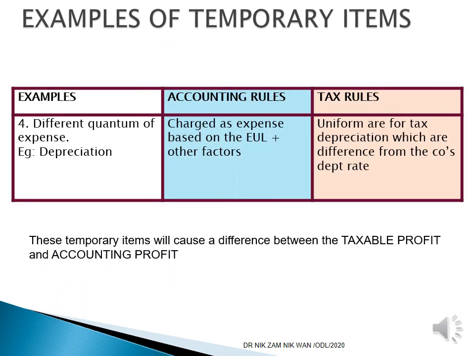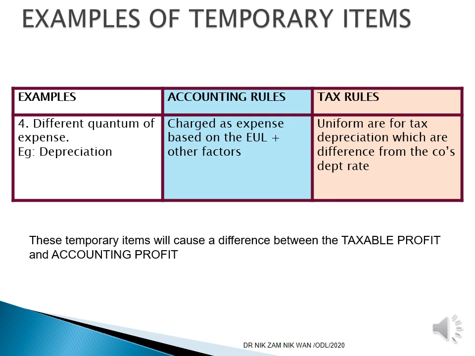Another example is different quantum of expenses, which means that cara pengiraan applied by accounting rules and tax rules is different. Okay, for example, depreciation. In accounting, you charge depreciation as expenses based on either straight line method or percentage of depreciation, and you have estimated useful life and other factors.